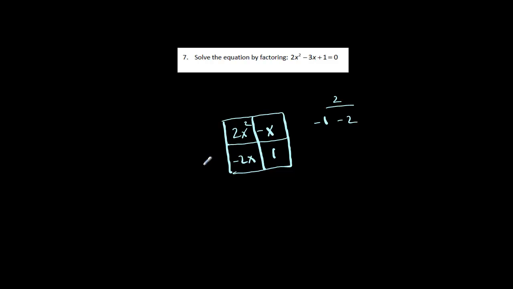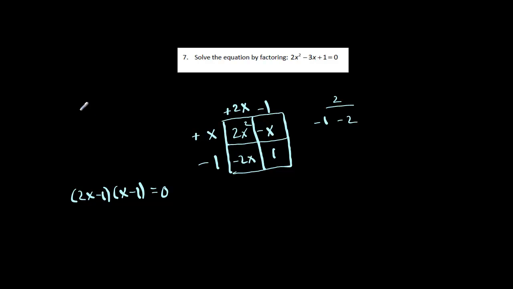So let's put the signs around. Negative, positive, positive, negative. We have a 1 here, x here, 2x here, and a 1 there. So 2x minus 1 times x minus 1 equals 0. Now to solve, we'll set each of these equal to 0.